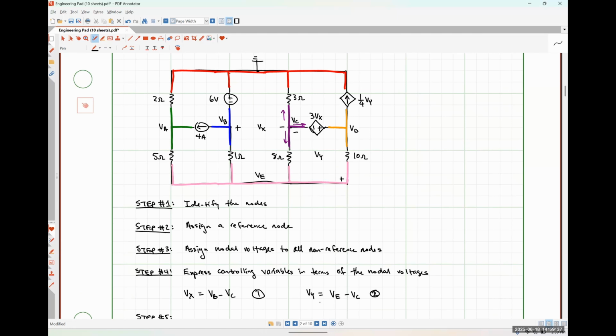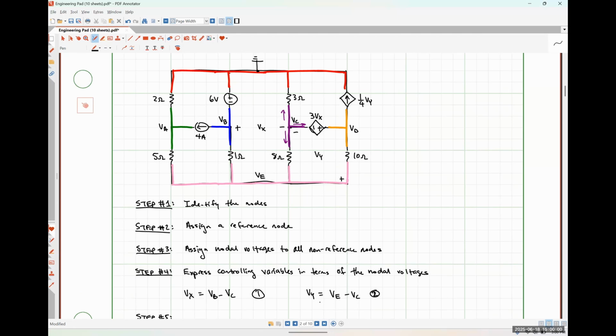It's a problem because there's literally no way to express that current in terms of our nodal voltages. We know that the voltage drop across that voltage source is 3Vx, so the voltage is well behaved and can be expressed in terms of our nodal voltages, but the current can't be.